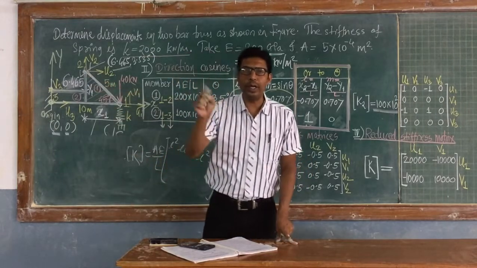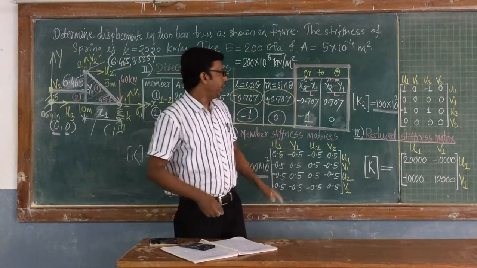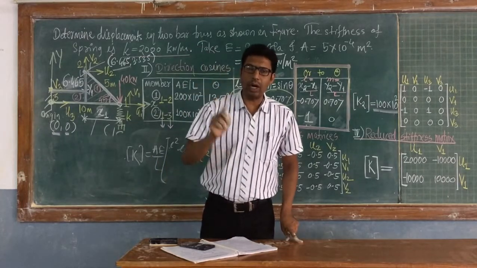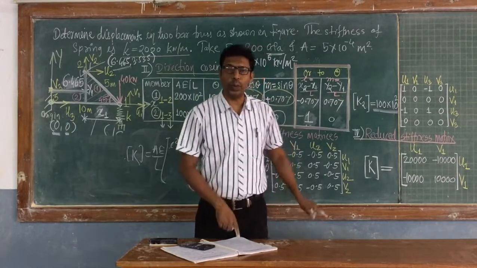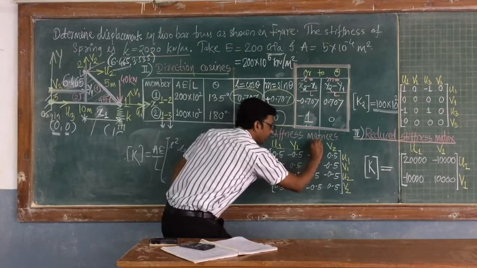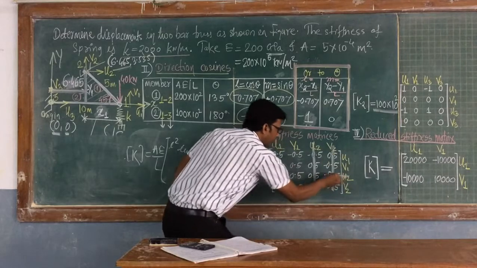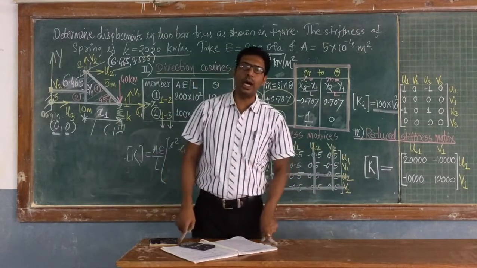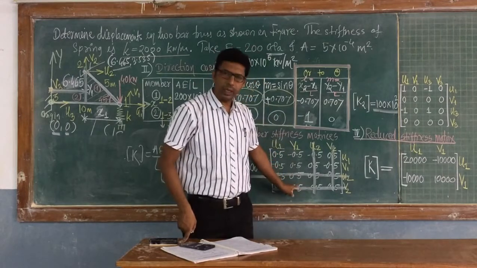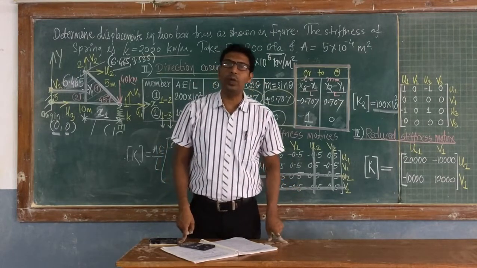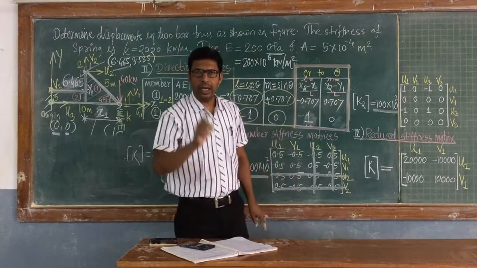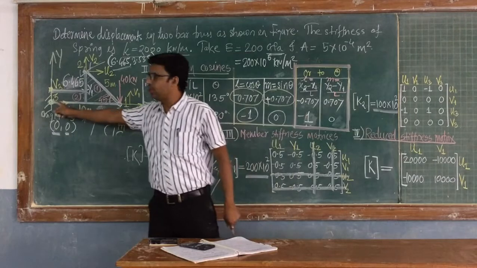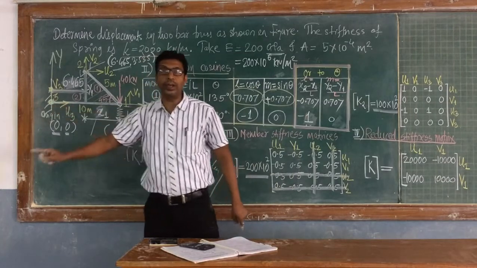It means U2 V2 are 0. Since U2 V2 are 0, eliminate rows and columns corresponding to U2 V2 from K1. Similarly, since U3 V3 are 0, because of fixed support U3 V3 are 0.